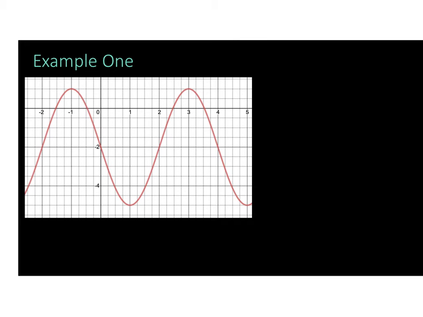We need some of these: (2, -2), (3, 1), and so on. You don't have to have as many periods as I have here, but you have to have at least 1 full period. I also recommend you have the point (-2, -2) on your graph. So pause the video to recreate this graph in your notes.